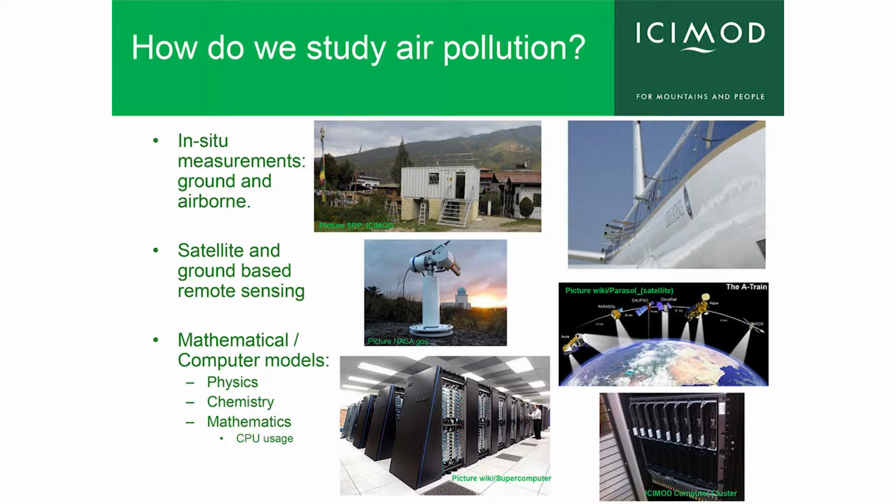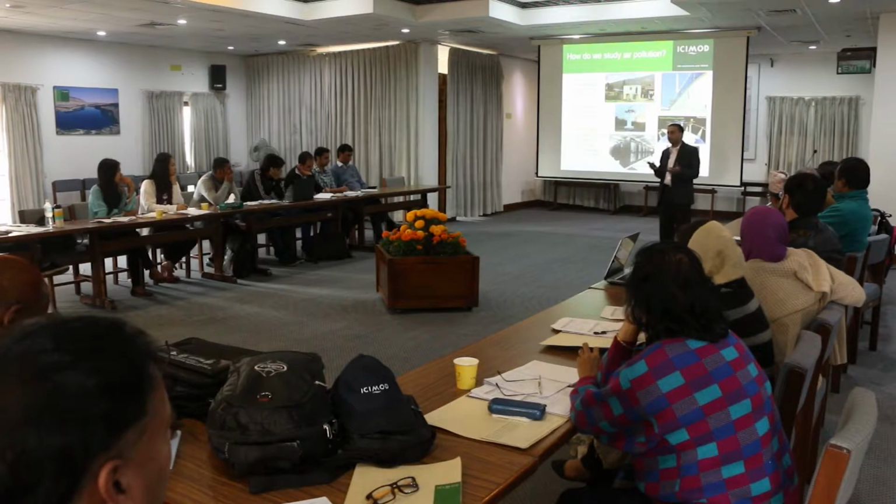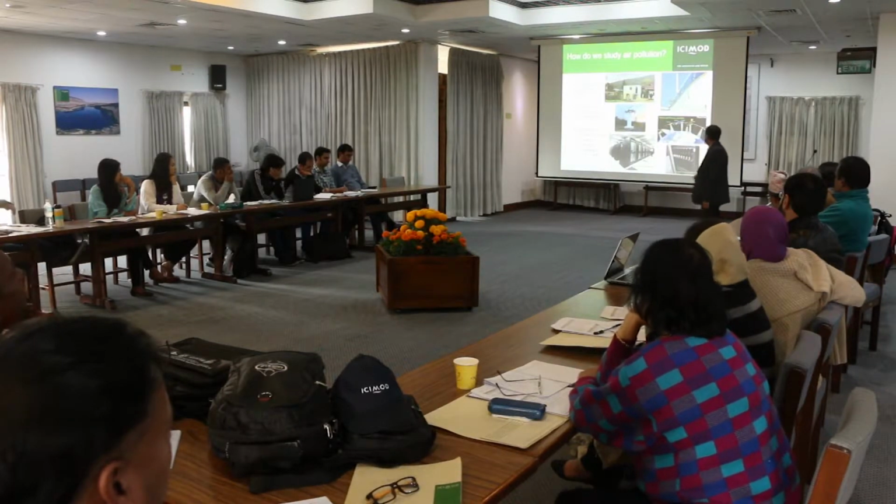And then the other way of studying air pollution is using computer models. This is what we mean by high-powered computers. Here's a rack of computers. Each little line there is one computer. So you can imagine this around several hundred computers all tied in, working together in parallel to do a computing job.